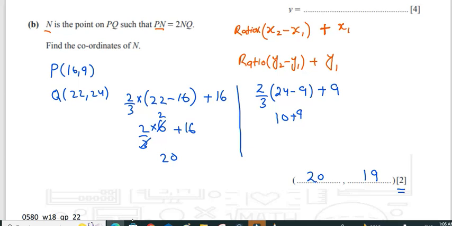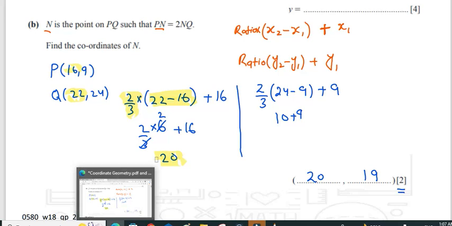For this, this is the ratio, that is 2/3, in which N is dividing. First of all, for the x2 minus x1 part, this is 22 minus 16. See, this is what I have done over here, plus 16. When I am adding them, solving them, 20 is my answer.